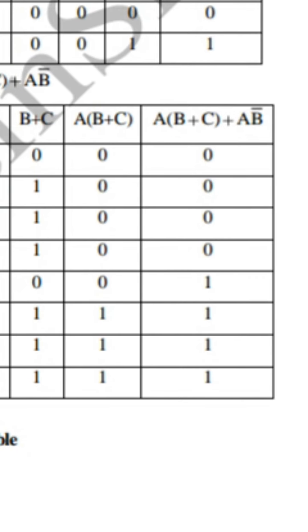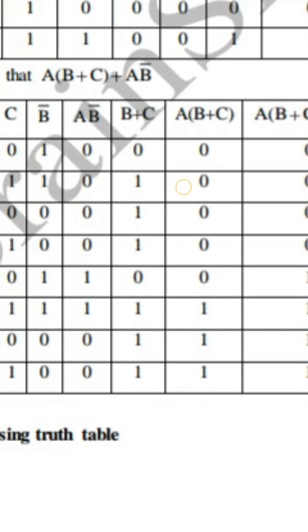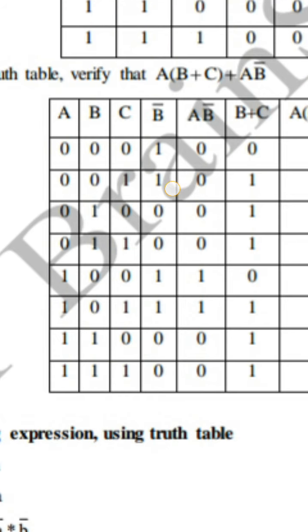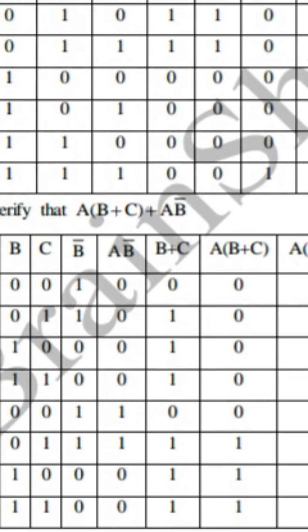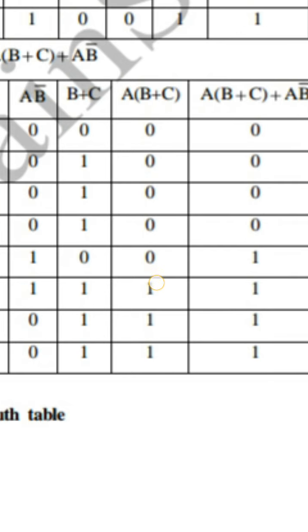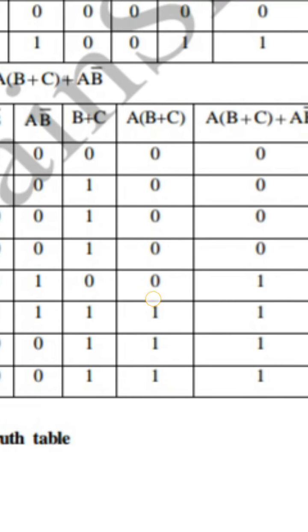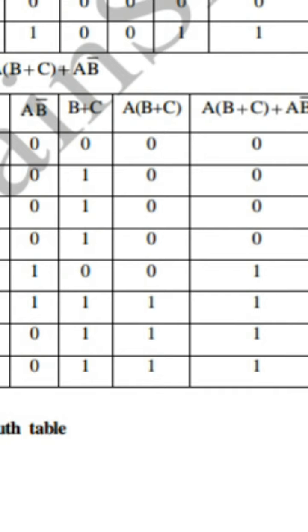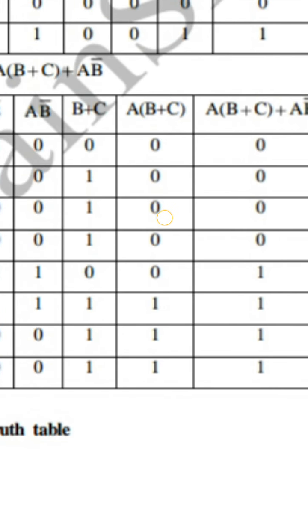We know recently we have calculated A and B or C, and before this, in this fifth column, we have calculated the value of A B naught. So we have to do the OR operation upon A B naught and this last but one column, that is A and B or C.